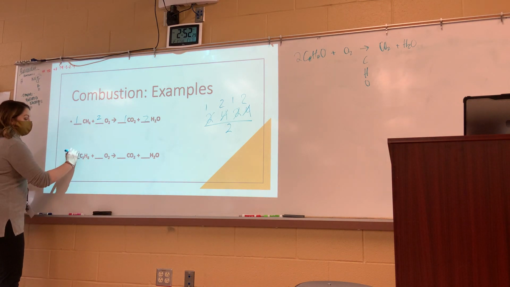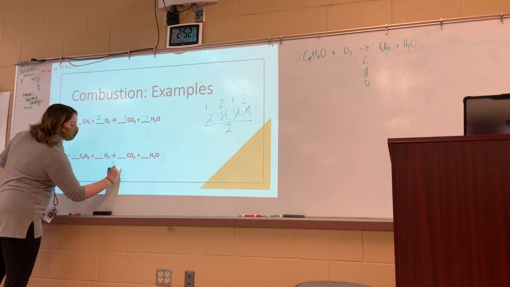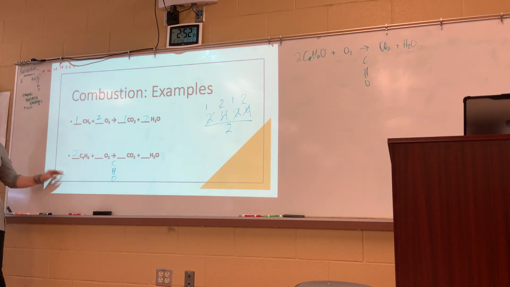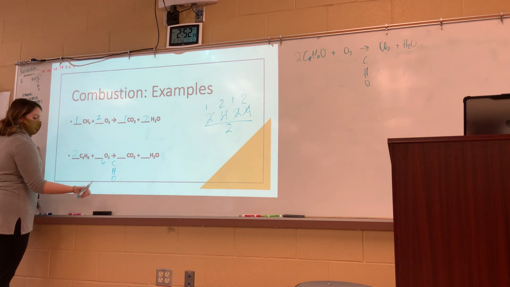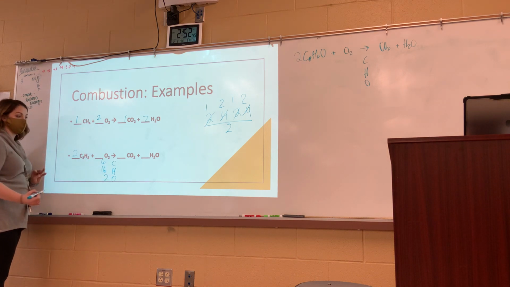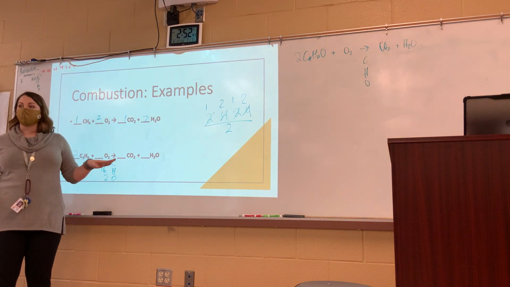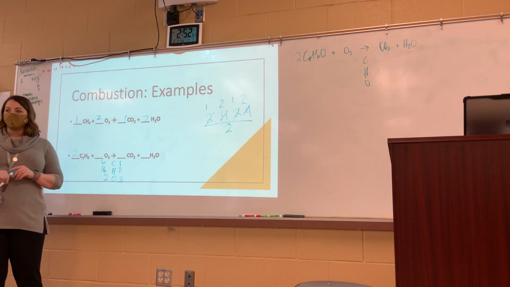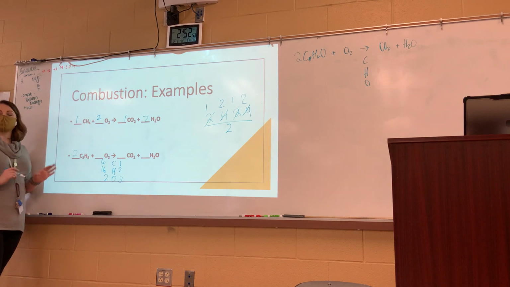So I put a 2 in this blank just to make it easier. C6H8, hold on, I'm showing you. So, how many carbons? 6. Hydrogen. 2 times 8. 16. Oxygen. 2. Okay, this side, I have 1, 2, 3, same as always. Alright? So now I need to start making them balanced.